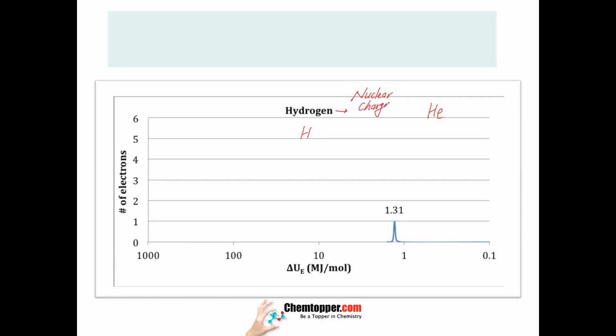Number of protons? +1. In helium? +2. What's the configuration of hydrogen? 1s1. What's the configuration of helium? 1s2. They have only one shell, right? But which shell is more strongly attracted to the nucleus, the shell of helium or the shell of hydrogen?